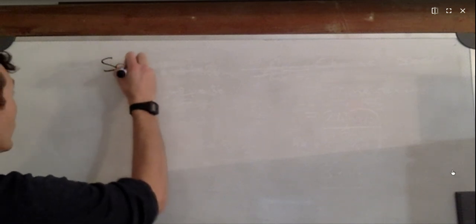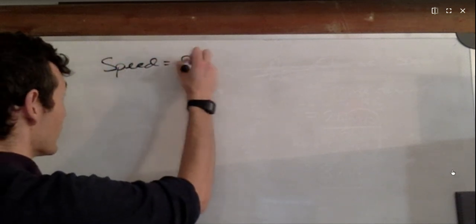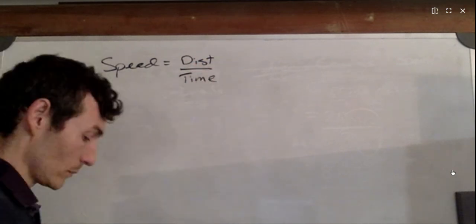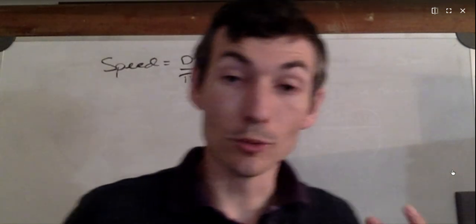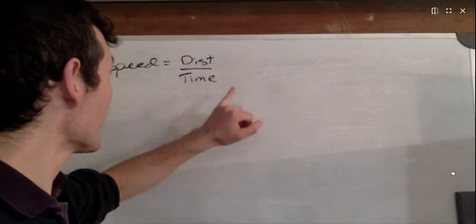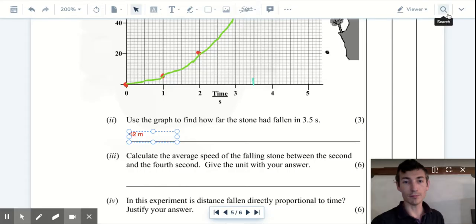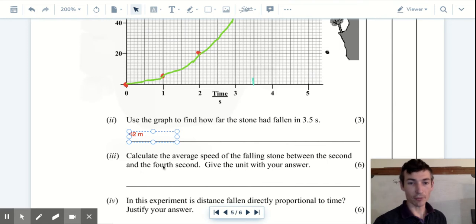Speed is equal to the distance divided by time. Okay, so to answer this, we need a distance and we need a time. Let's see if we can work out what they are. Between the second and fourth second. Tongue twister is right.